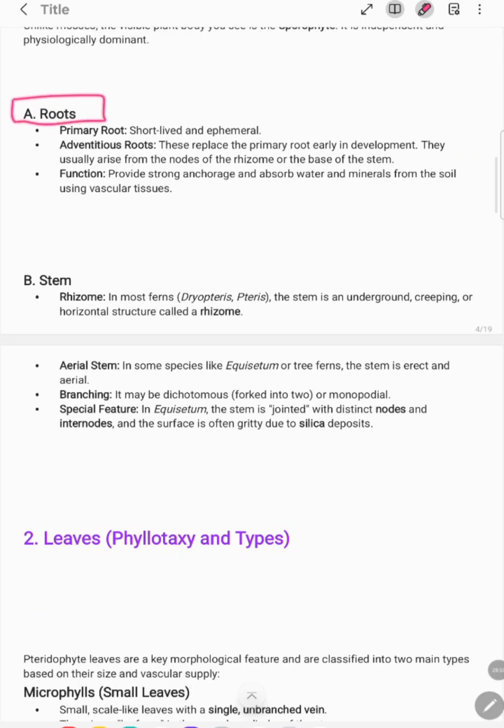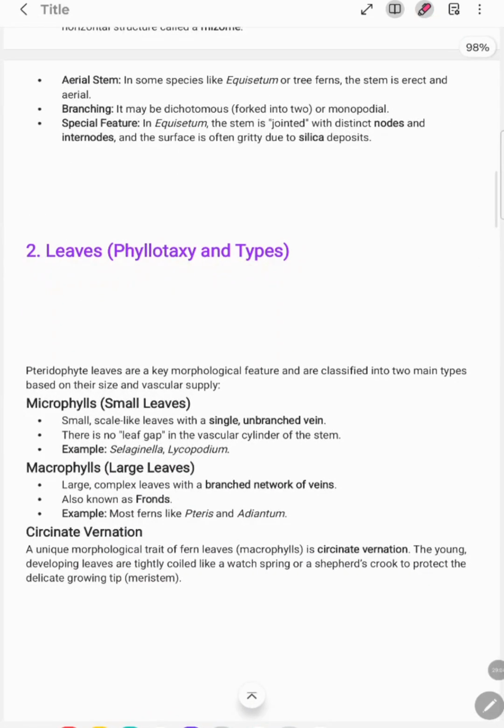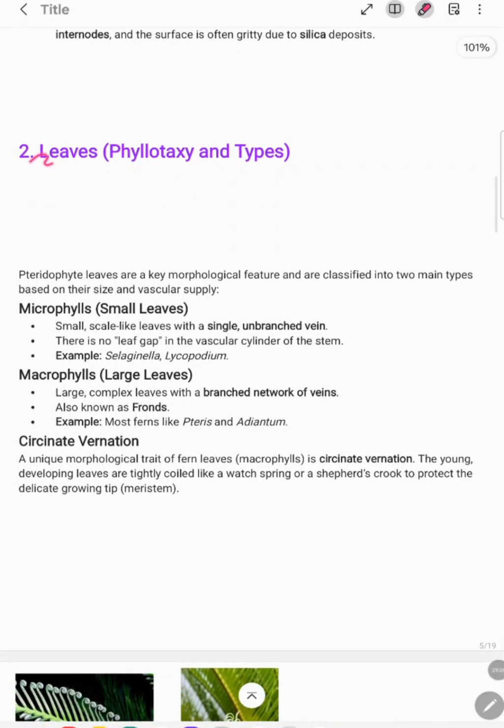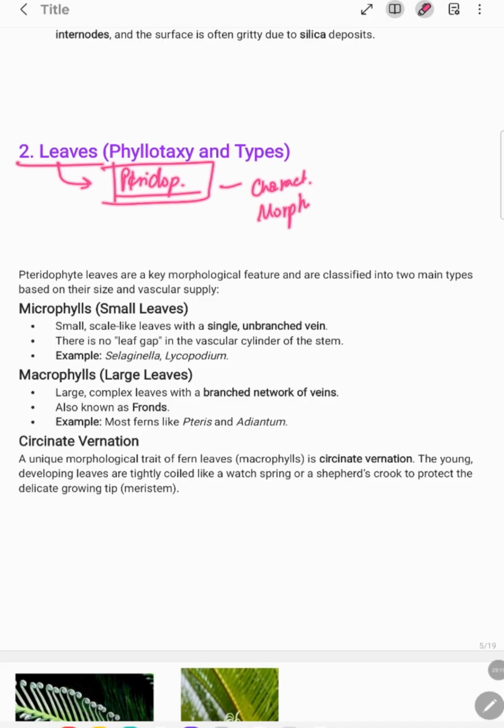So this was about roots and stems. Now we are going to understand about the leaves which are found in the pteridophytes. Okay, a little bit of the characteristics, or you can say the morphology of the leaves. Here I have written a word phyllotaxy.